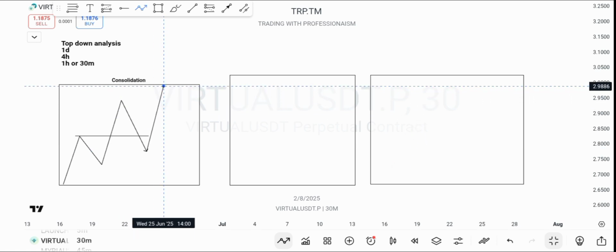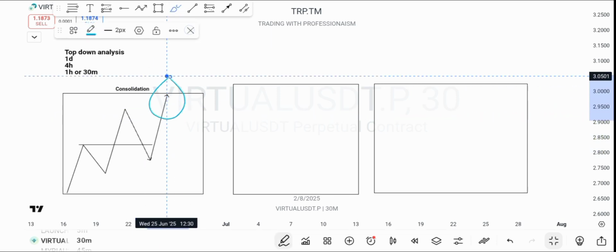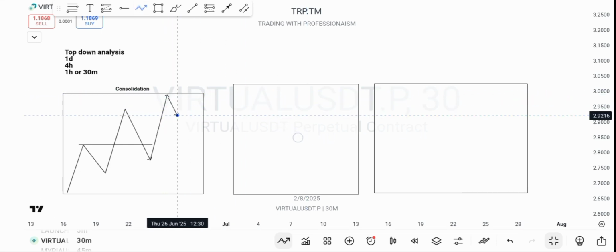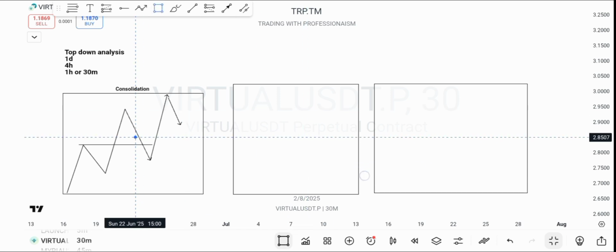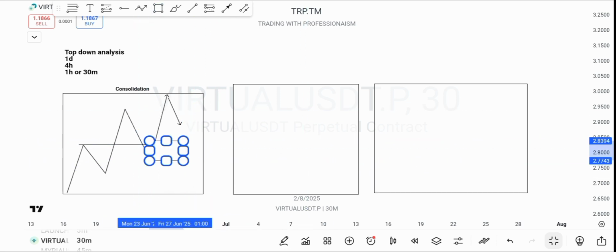Let's say you are currently here in the 1 day time frame. You know that the market should come to a block here to react before buying.